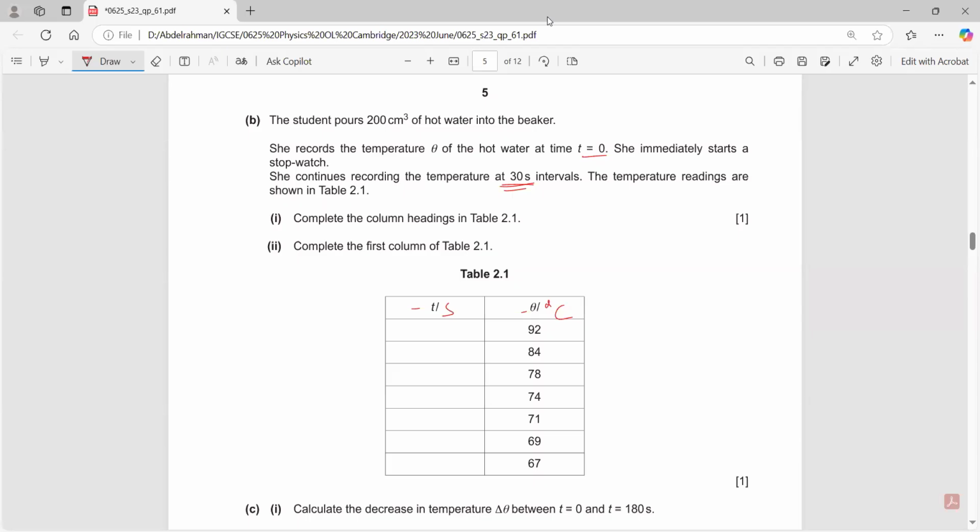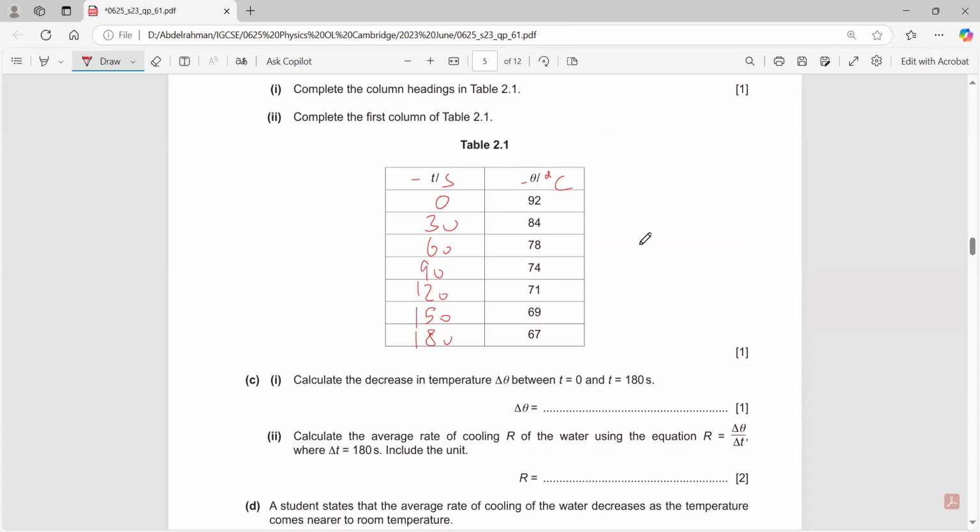What do I mean by 30-second intervals? She started off with zero, and then you can just keep on adding 30: 30, 60, 90, 120, 150, and 180.